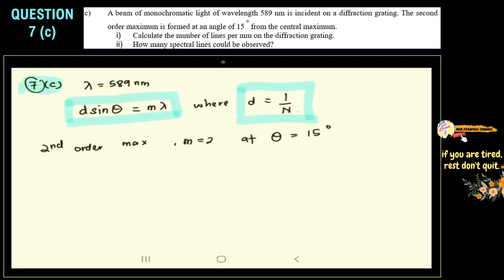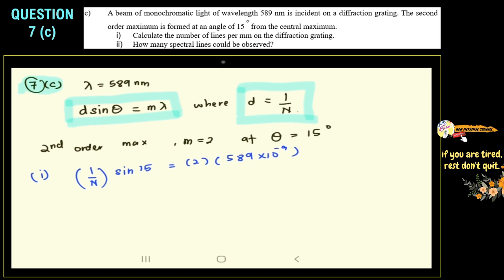Okay. So now, let's substitute. d sin theta, where d is 1 over n. We want to find n, so I substitute 1 over n, sin 15 equal to m, the second order maximum, where lambda is 589 nanometer.